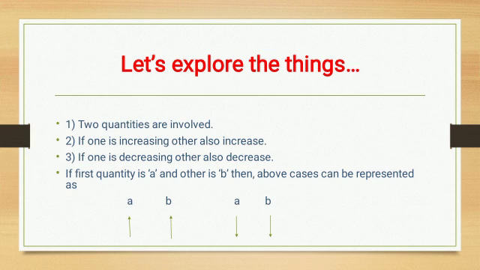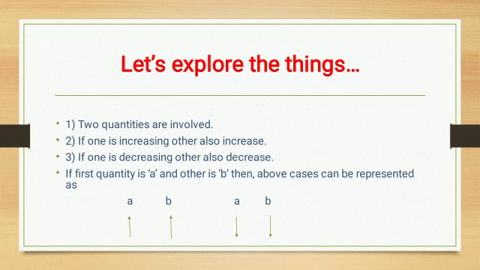If there is an increase in A, then there is a corresponding increase in B also. And the second figure is for the right hand side problems. If there is a decrease in the first quantity, then there is definitely going to be a decrease in the second one also, right?